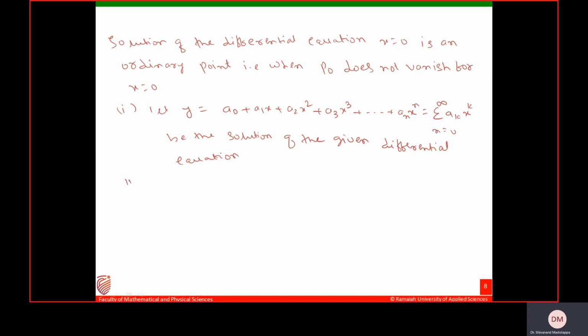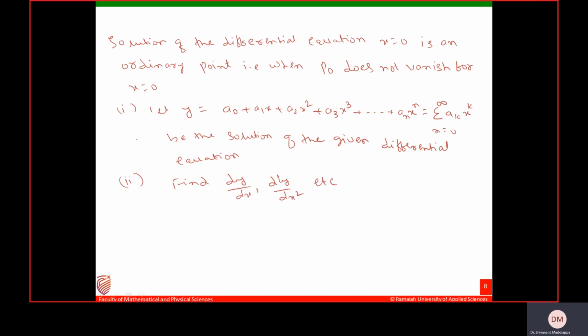Now the second step will be to find dy by dx, d2y by dx square, etc. First we will find dy by dx. We already know that y is equal to a0 plus a1 x plus a2 x square.